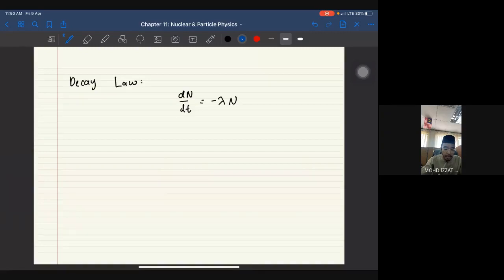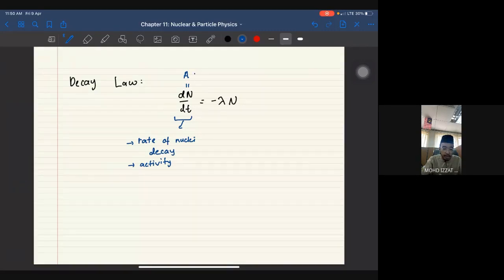So dN/dt is basically your rate, rate of nuclei decay. Sometimes we call this one activity, so this is equivalent to A. Kita boleh tulis sebagai A juga.